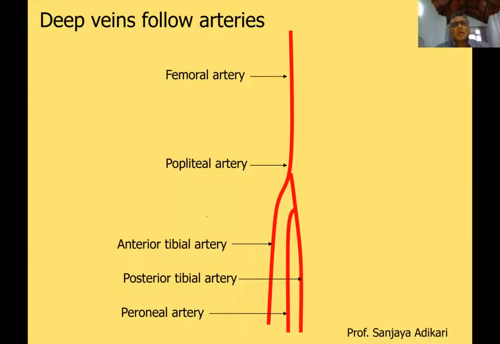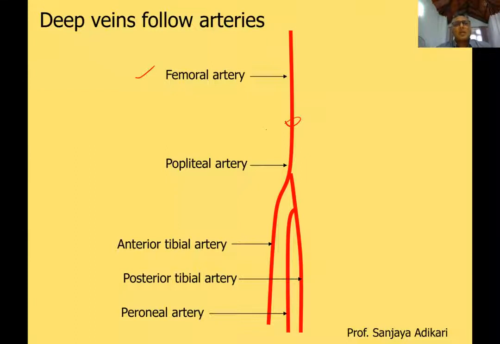Like in the upper limb, in the lower limb also, deep veins follow arteries. Now the arteries of the lower limb, if you summarize them, you have the femoral artery starting from the femoral triangle area below the inguinal ligament. Then at the adductor hiatus, the opening in the adductor magnus muscle, the femoral artery is called popliteal artery.